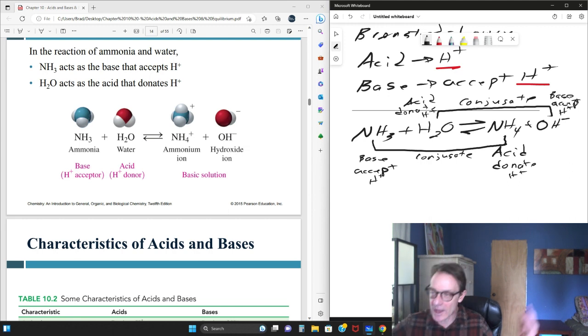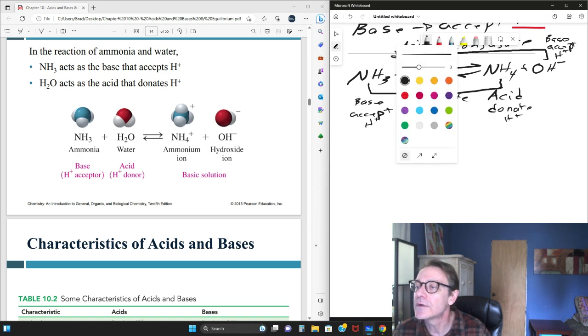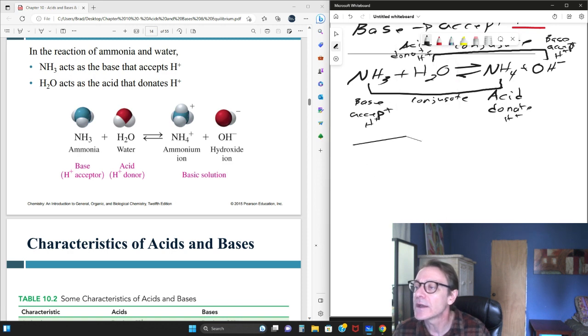Okay, so you have two conjugate bases, two conjugate acids, and they go in lockstep, balancing our equations once again. Now, always talking about balance. That's a theme that we do see over and over again.